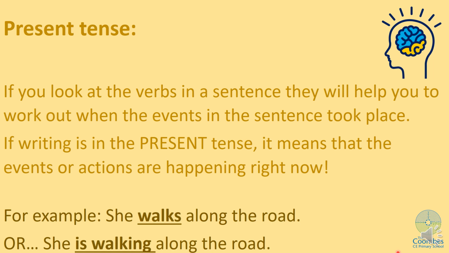So, for example, she walks along the road or she is walking along the road are both examples of present tense sentences. And it's the verb walks, is walking, that gives us the clue that this is in the present tense. If this wasn't in the present tense, those verbs would look different.